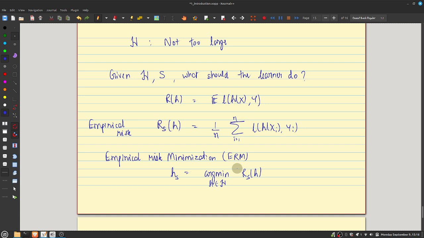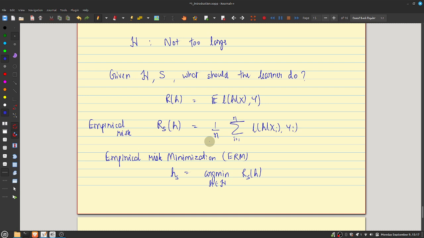There are other techniques, for example, what is called structural risk minimization, wherein you look at different classes of H. And for each class, you don't just minimize the empirical risk, but rather some combination of the empirical risk and some measure of complexity of the function H, maybe the number of free parameters in H. So you penalize taking a more complex function, something that has too many parameters in it, but at the same time, you also want to have a small risk.